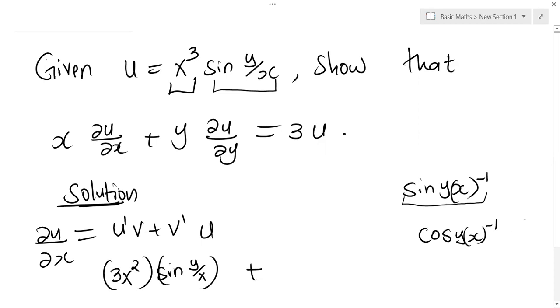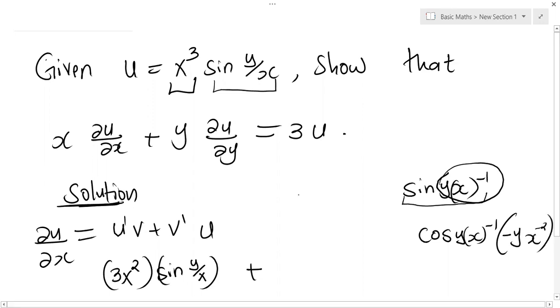Then multiply this derivative by the derivative of what is inside with respect to x. And what will that give? Differentiating y x raised to power minus 1 with respect to x gives minus y x raised to power minus 2. So the derivative of the whole of that will be minus y x raised to the power minus 2 cos of y over x.